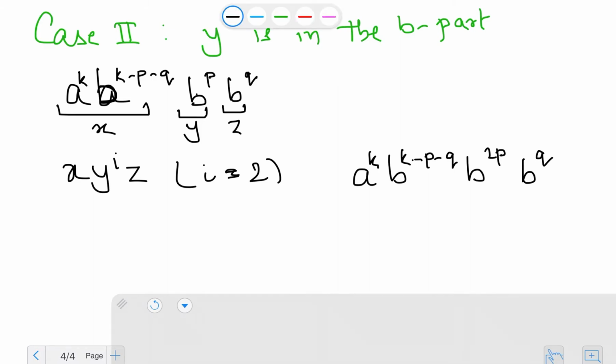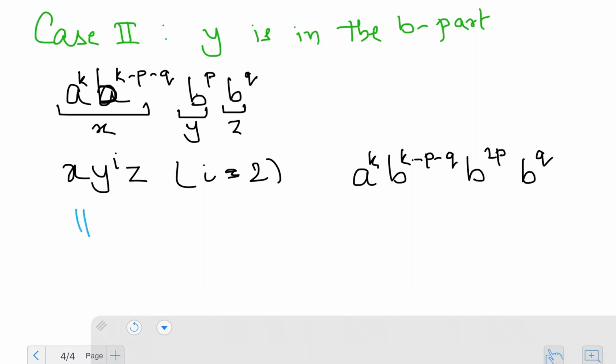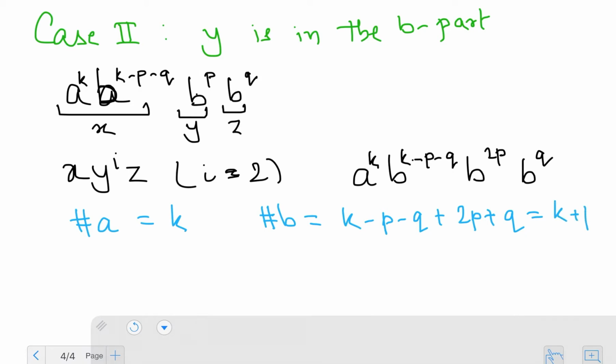And now what is my number of a? That's definitely k. What is my number of b? It's k minus p minus q plus 2p plus q, which is equal to k plus p.